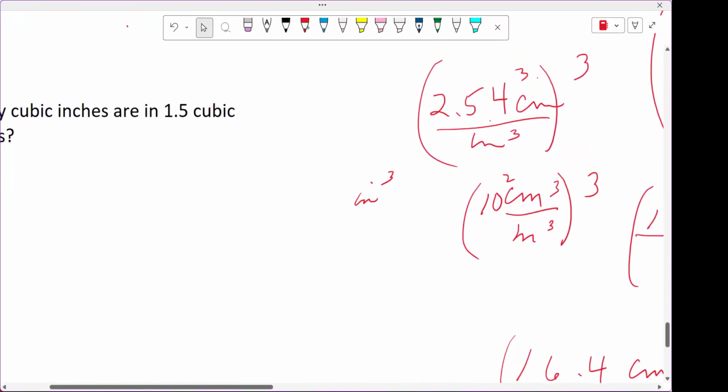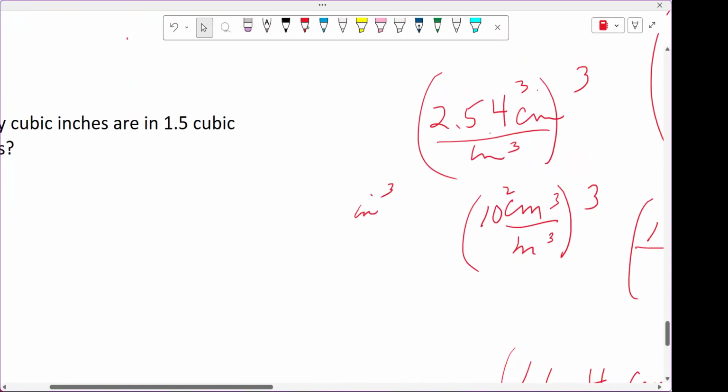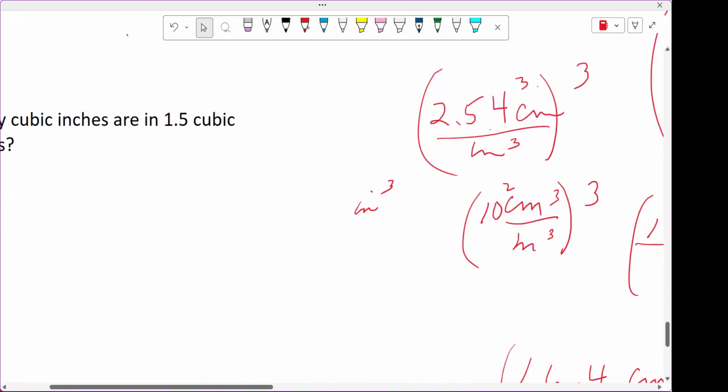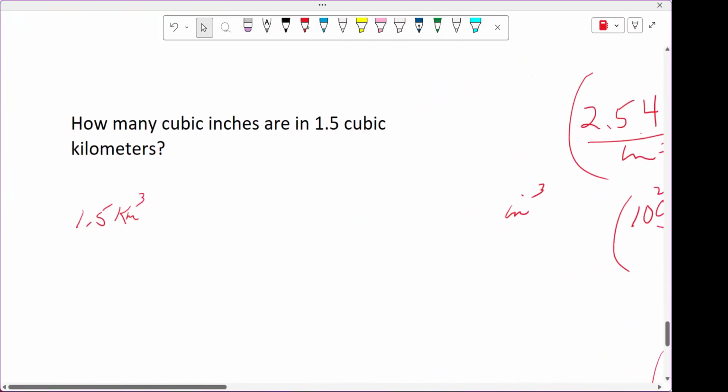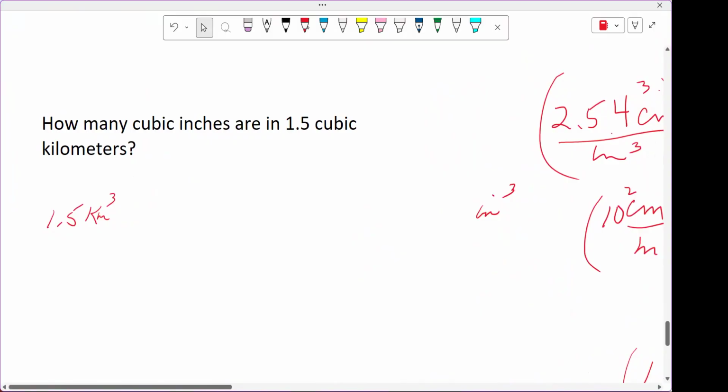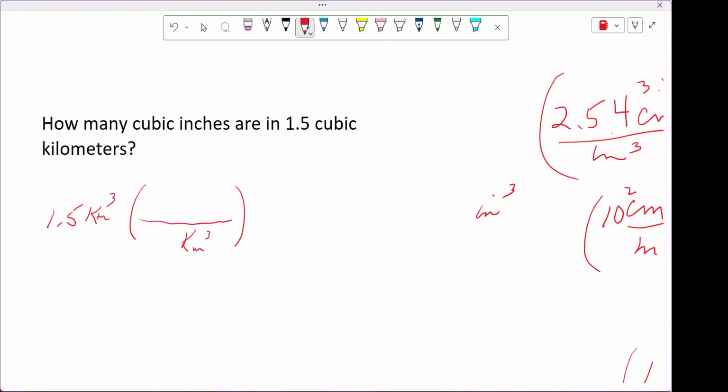And I am going to provide that conversion chart for your test. Don't have to worry about memorizing all that. Okay, so first thing we're going to do is go cubic kilometers to cubic meters. So I'm going to do cubic kilometers, so the given cancels.